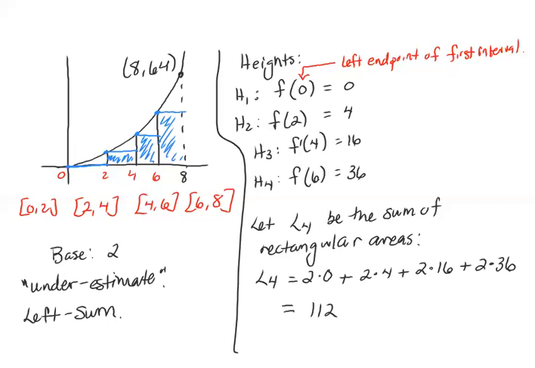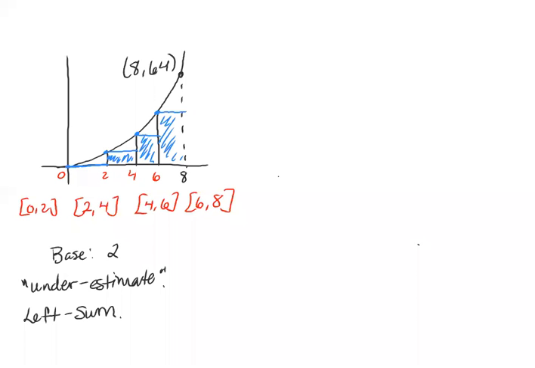It is relatively obvious that the actual area of that region S underneath the curve is greater than this left sum. So something we might say is, if we let A be the area, so that's a number, the area of that region S. S stands for the region itself, while A is the area of that region.